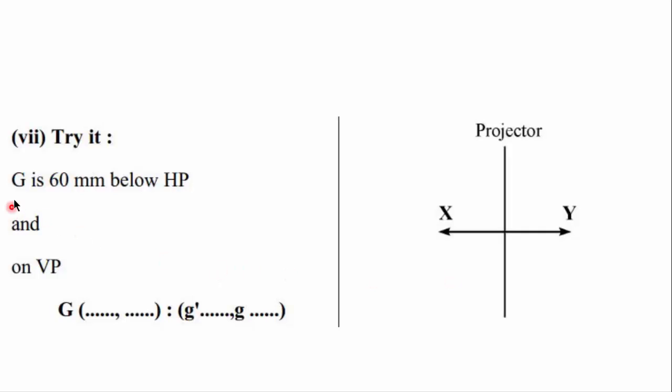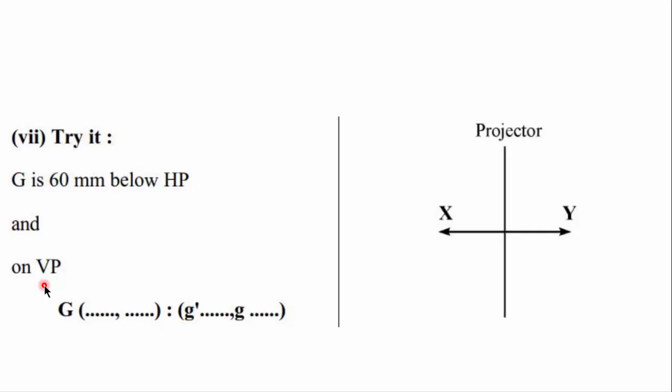Next, point G. Here is point G which is 60 mm below HP and on VP. Can you tell me, point is on VP, that means how much is its distance from VP?